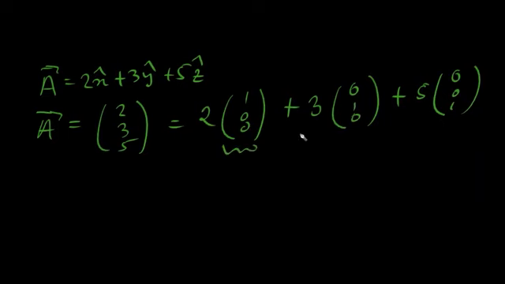And these column vectors, 1 0 0, 0 1 0 and 0 0 1, are actually those x hats, y hats and z hats. It's a representation. So we can handle these vectors by using column matrices or column vectors. That's why from now on we will call our vectors column matrices or column vectors.